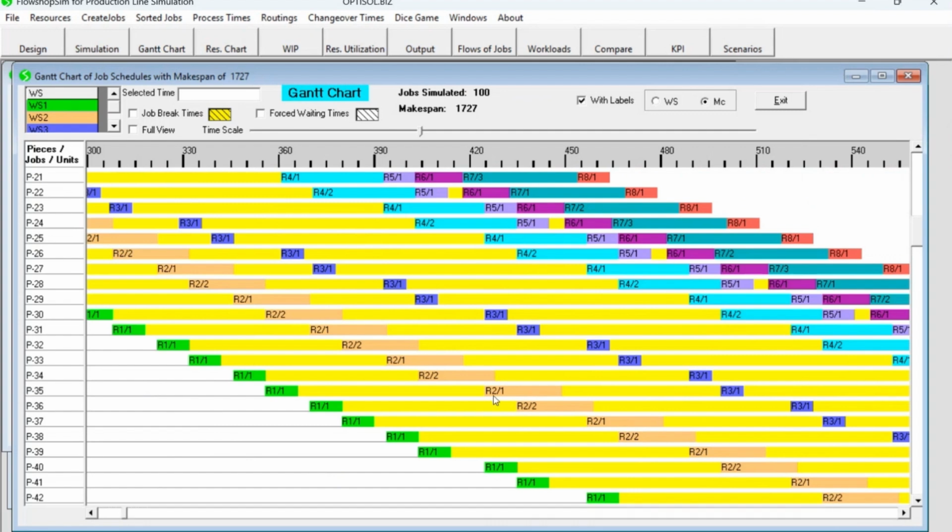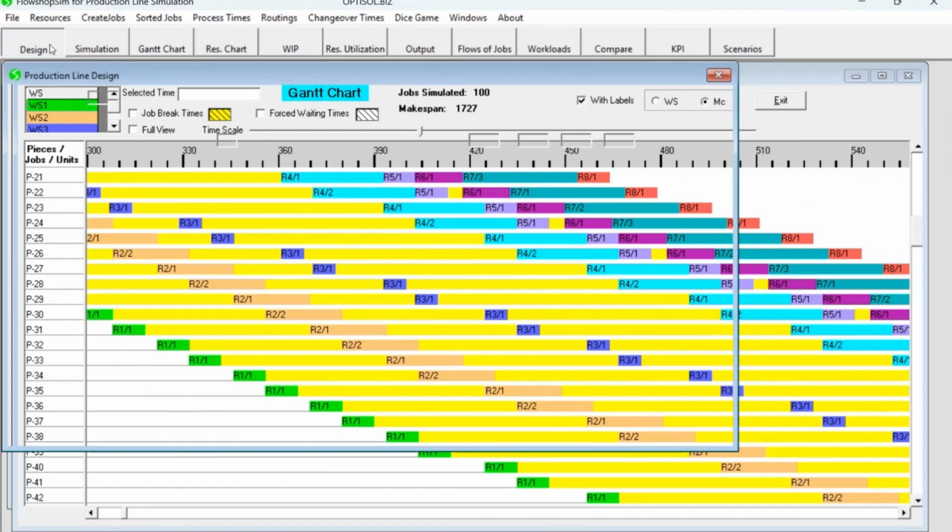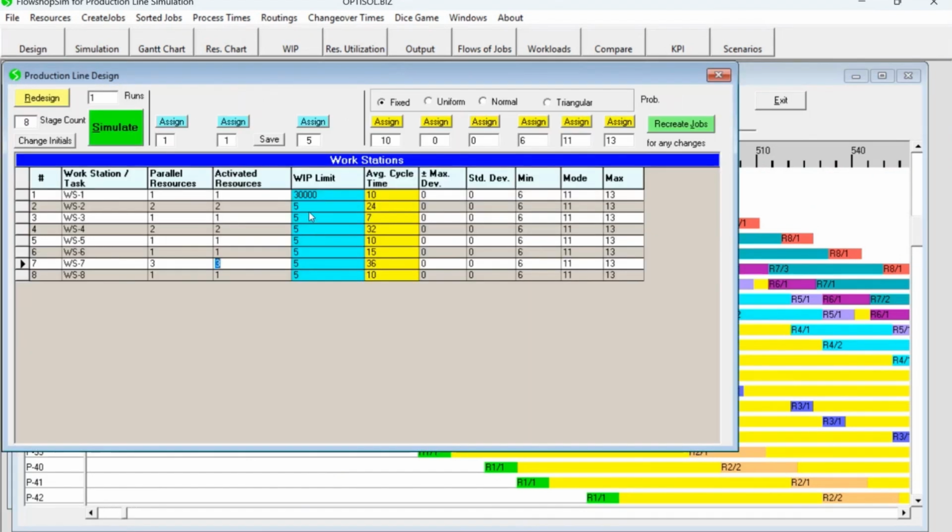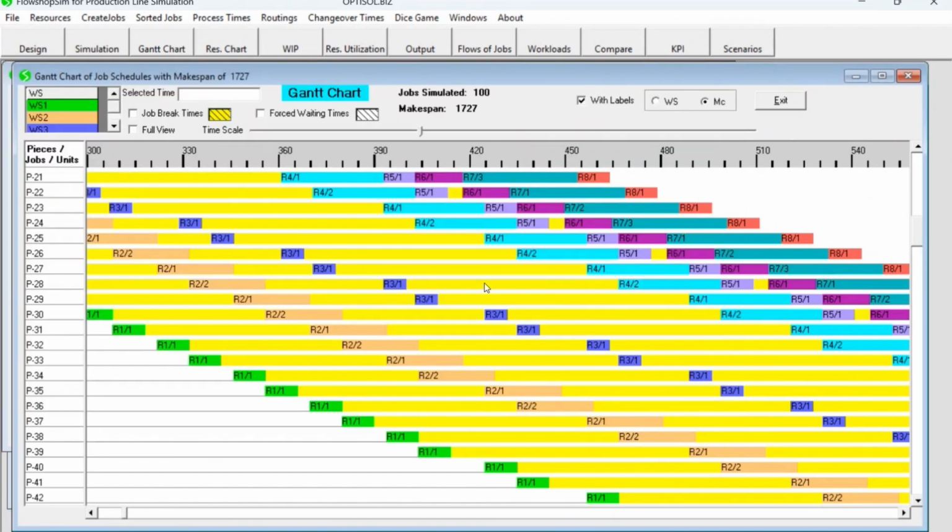The reason is we set inventory limit as 5, means we allow waiting of up to 5 pieces at any work center. For that reason, some pieces are waiting before the bottlenecks and even the previous ones.